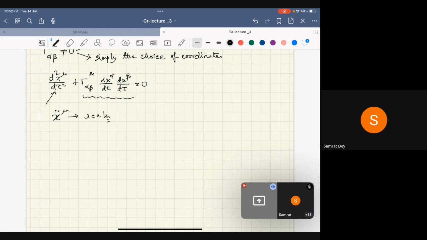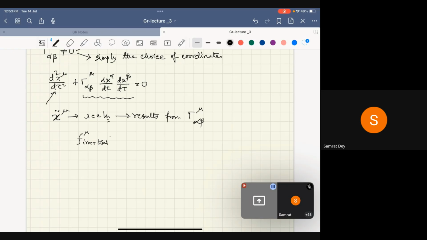So we interpret the acceleration that results from the connection coefficient gamma mu alpha beta as corresponding to an inertial force. Okay, so we know all of these things from our classical mechanics courses.